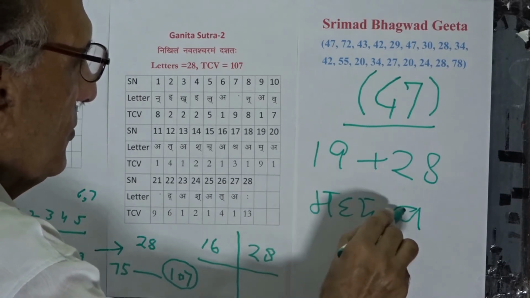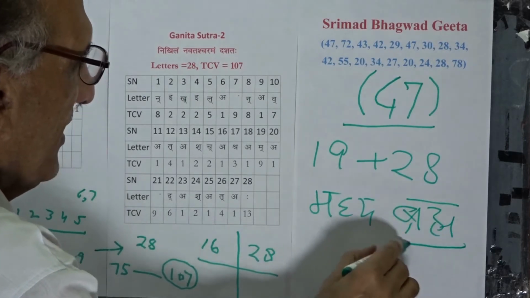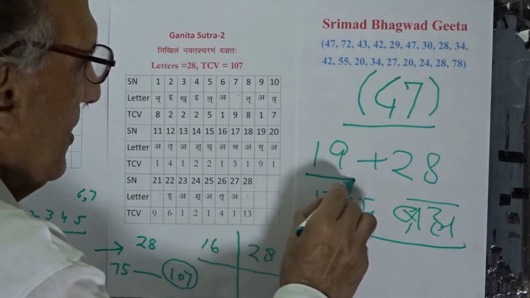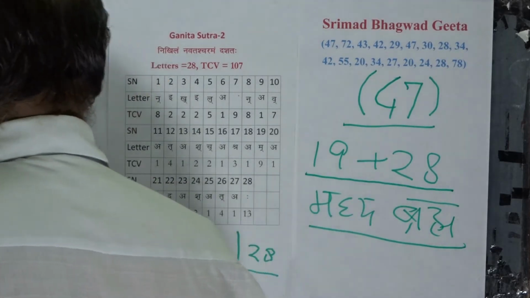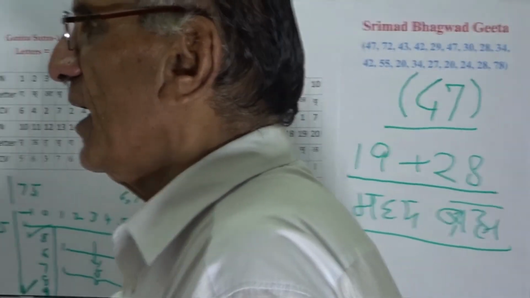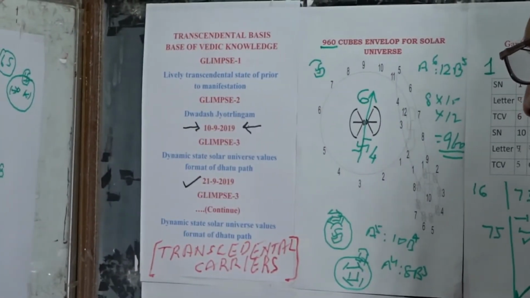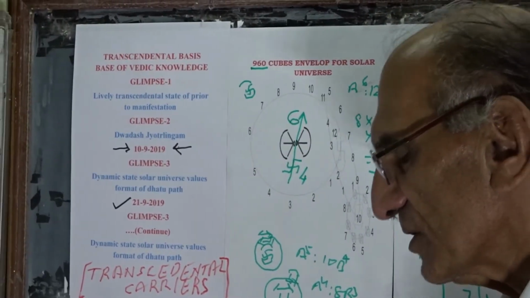Therefore, Srimad Bhagavad Gita is the scripture which enlightens us about the Madhya Brahm beginning, and how from the Madhya Brahm there happens to be a flow of the Dhatu part, and this Dhatu part takes us parallel to the dynamic state of our solar universe.